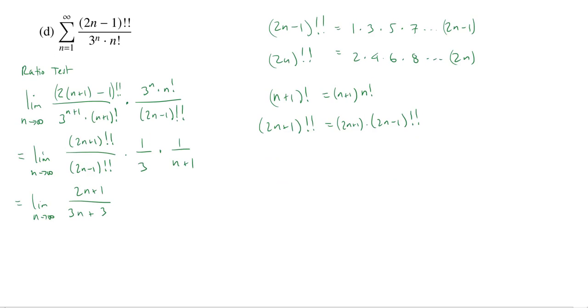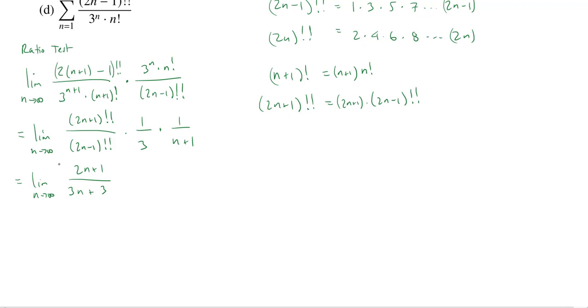And we've seen this in the other videos. When we get to this point, we know we just look at the highest degree terms for n, and when they're the same, the limit will be the ratio of the coefficients. If we want to write that down rigorously, we can divide by n, and I'll get 2 plus 1 over n, and then I'll divide by n on the bottom, and I'll get 3 plus 3 over n.